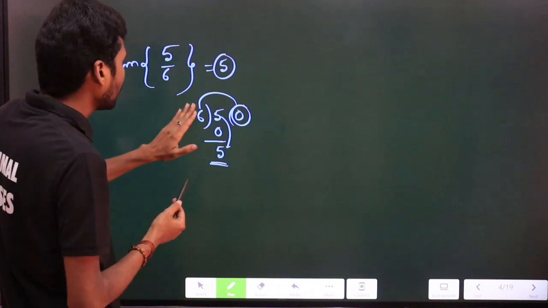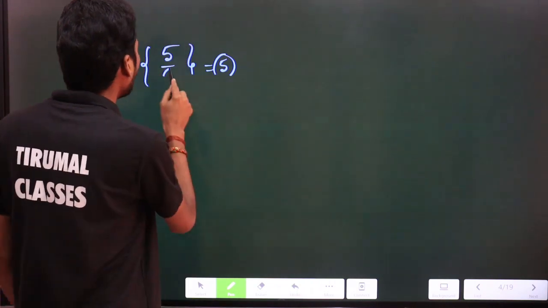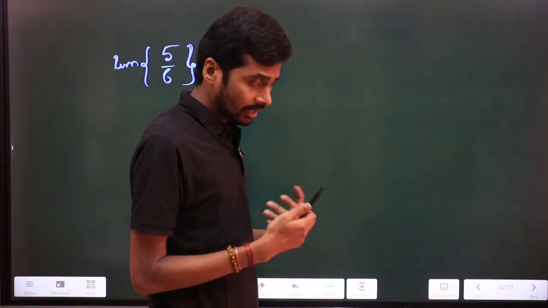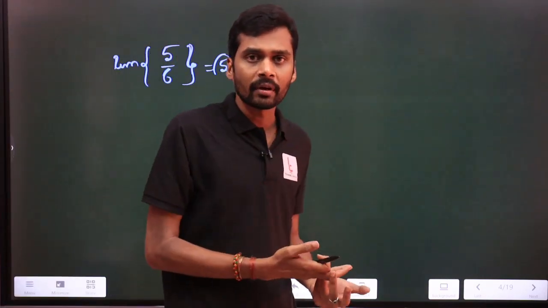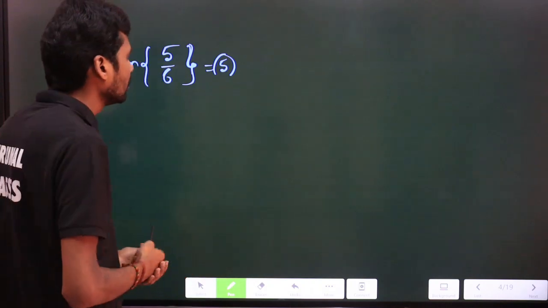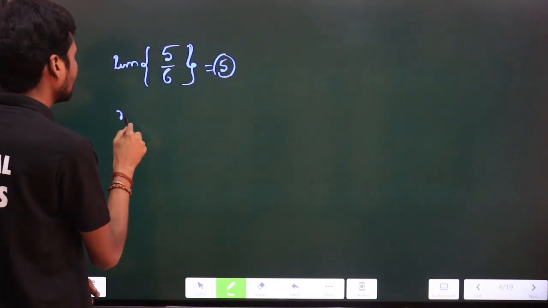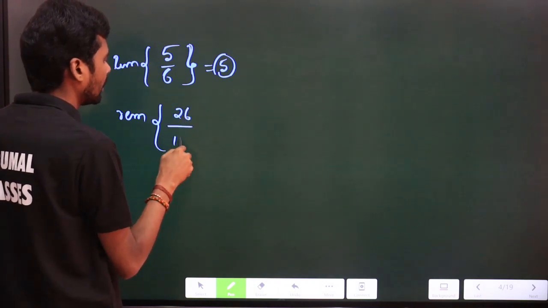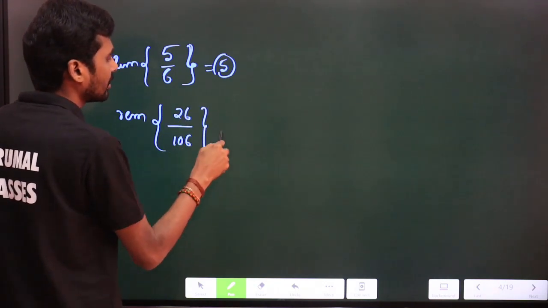So if I take any number and divide with a number which is more than the numerator part, the remainder is always the numerator, isn't it? See, let's take another example. Suppose I divide 26 by 106, what is the remainder?